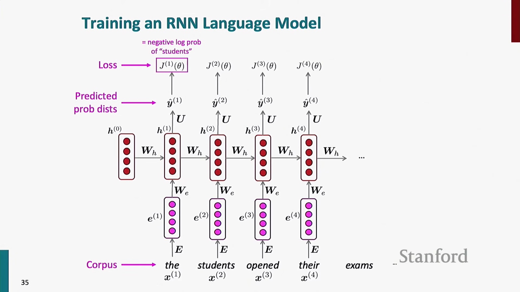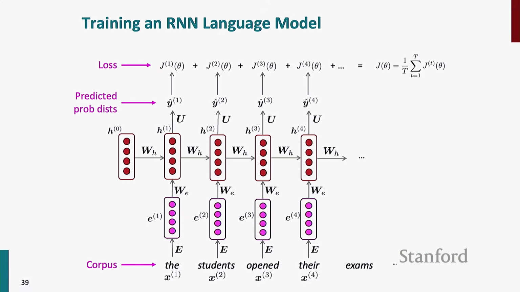We then go on and generate the probability estimate over the next words, and then we say, well, the actual word is opened. What probability estimate did you give to that? We get a negative log probability loss. Keep on running this along, and then we sum all of those losses and we average them per word, and that's our average per word loss, and we want to make that as small as possible. And so that's our training mechanism.